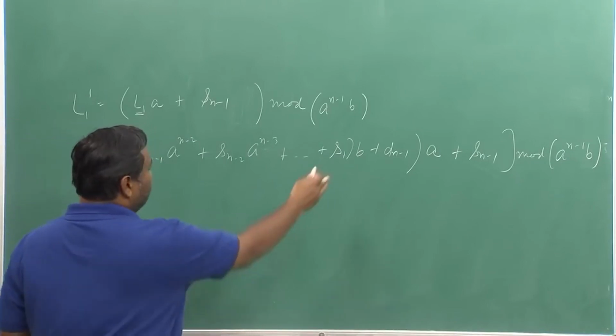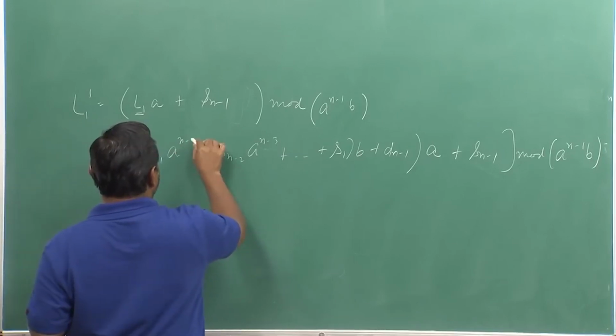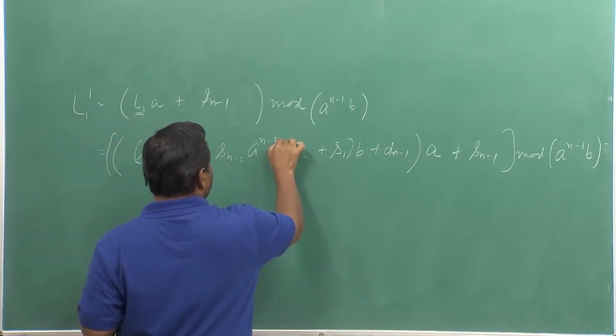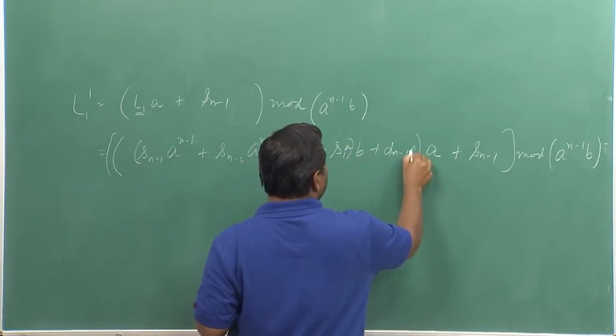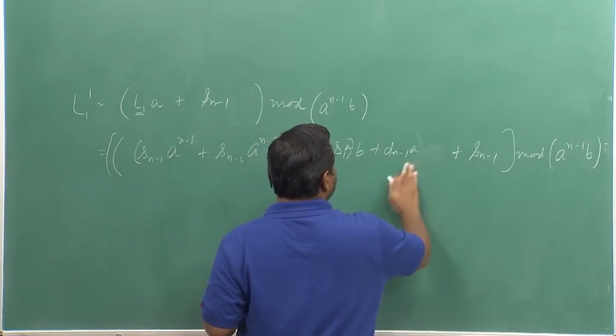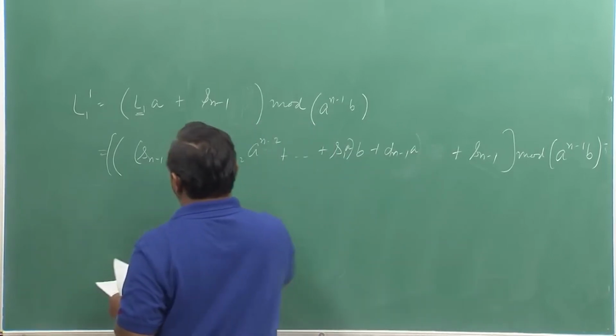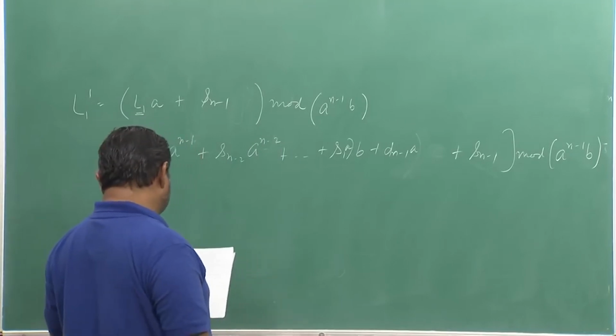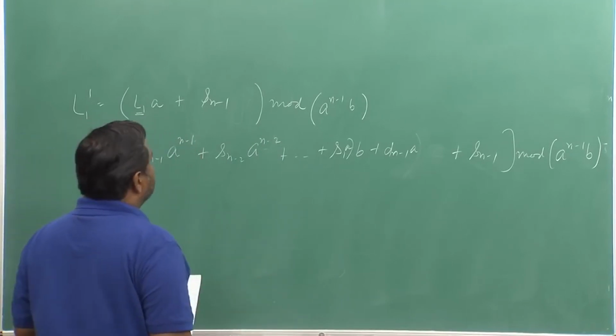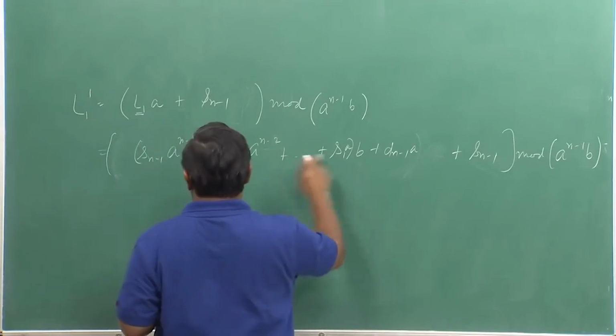So, I have to multiply by A all throughout, so it will become S n minus 1, n minus 2, S 1 A B, and this will also be A. So, I can now remove this brace, one extra which has been put. So, now this B can be multiplied with everybody.